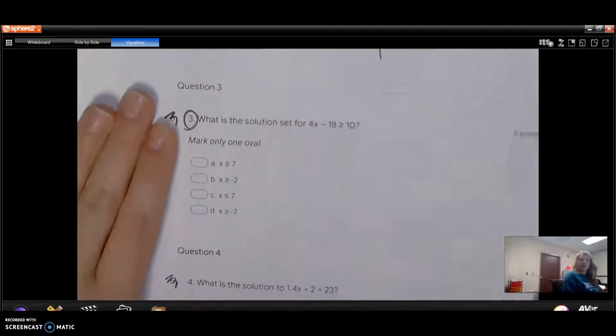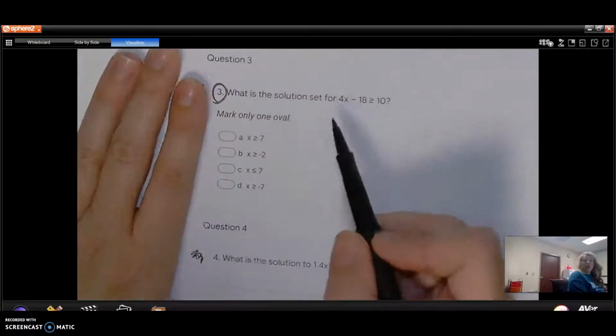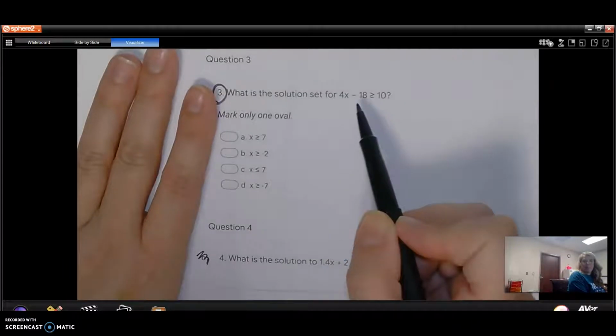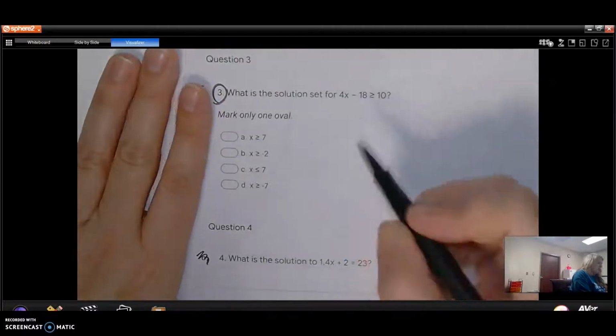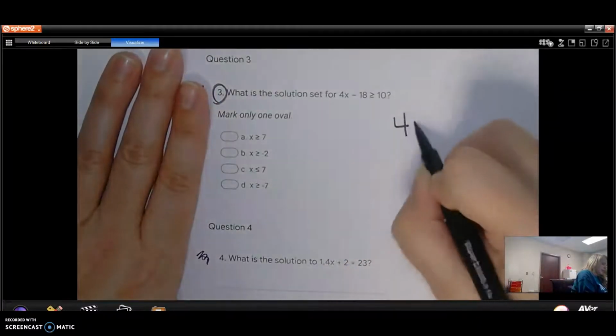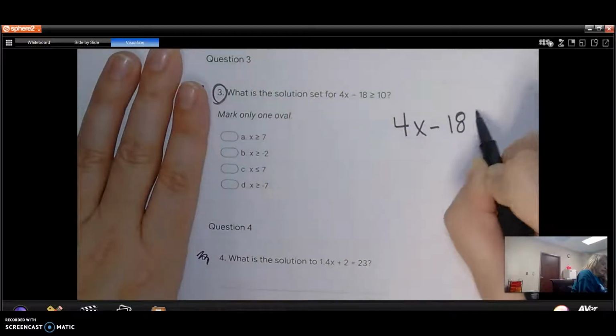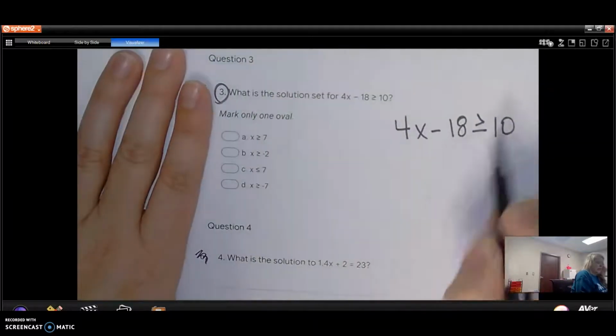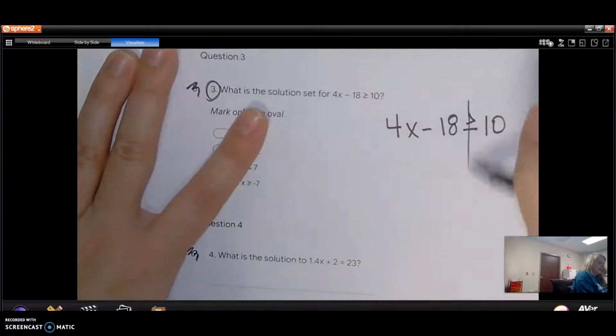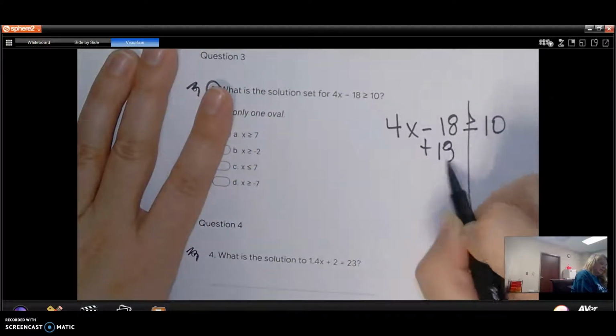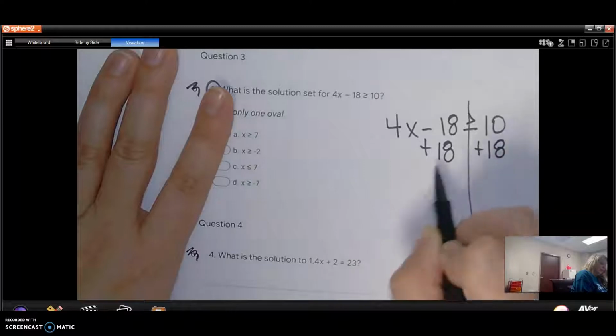All right, let's look at number 3. What is the solution for 4x minus 18 is greater than or equal to 10? So I'm going to rewrite this. 4x minus 18 is greater than or equal to 10. Okay, 18 is my constant, so I'm going to add 18 to both sides of my inequality.